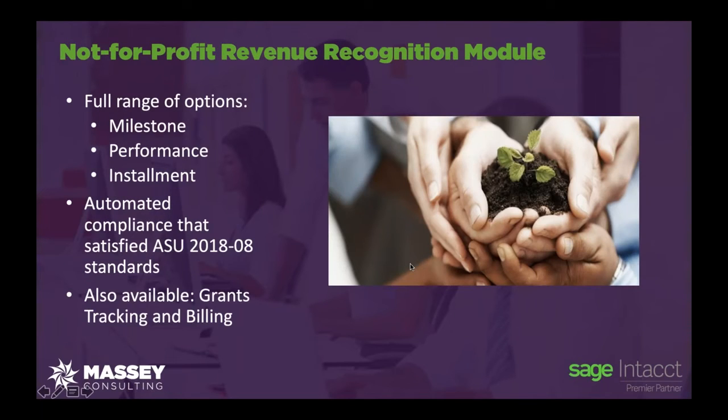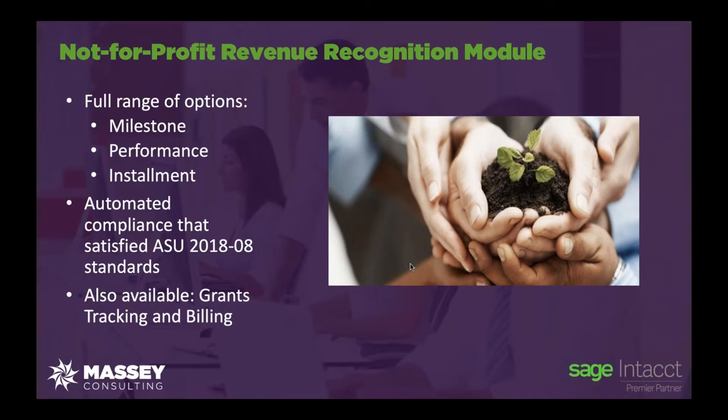Not-for-profit revenue recognition module. Okay, so basically this was brought about to ensure compliance with the new ASU 2018-08 standards. And for those of you on the call that may be in other industries, if you've heard a lot about ASC 606 over the last year and a half, 2 years, this is sort of the nonprofit version of that with ASU 2018-08.